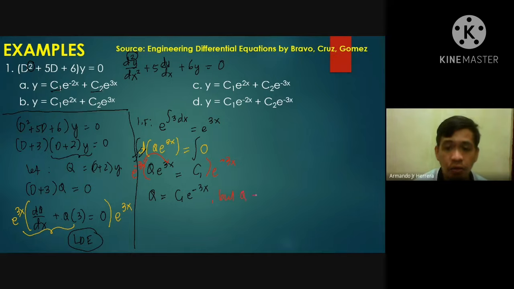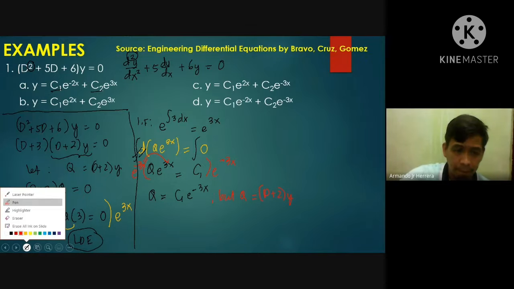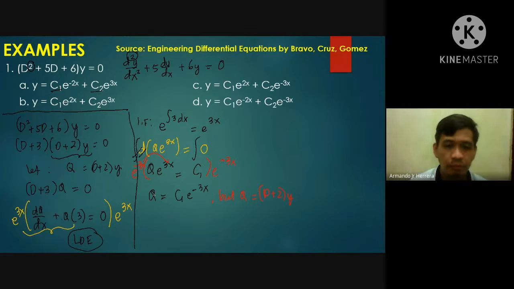But q is equal to D plus 2, y. Substituting it there, our equation now becomes D plus 2, y is equal to c1 e to the minus 3x. Converting into general form, that gives you the derivative of y with respect to x plus 2y equals c1 e to the minus 3x.